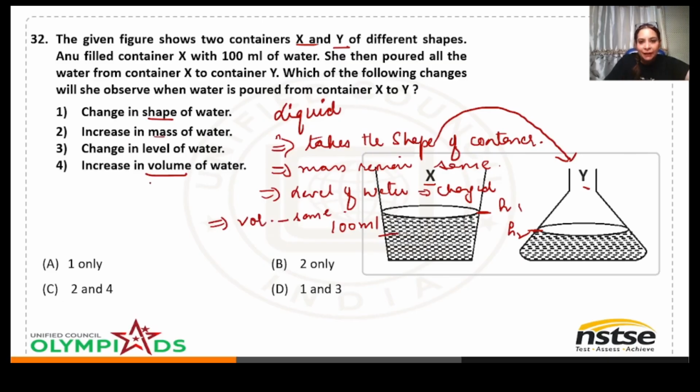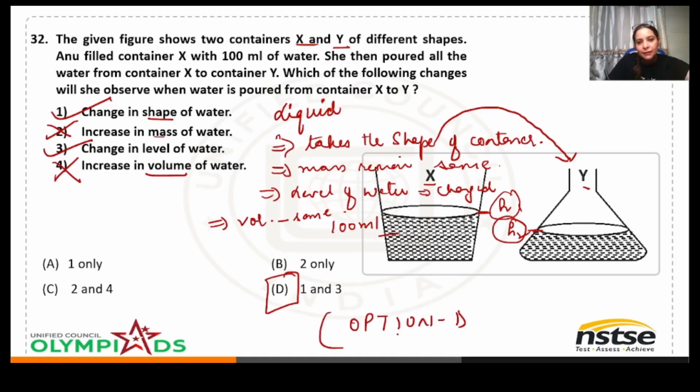Change in shape? Yes, you can see there is a change in the shape. Increase in mass? No. Change in level? Yes, see the level changed. Increase in volume of water? Again, no. So out of these given options, which one is correct? Option D is correct. So the correct answer is option D.